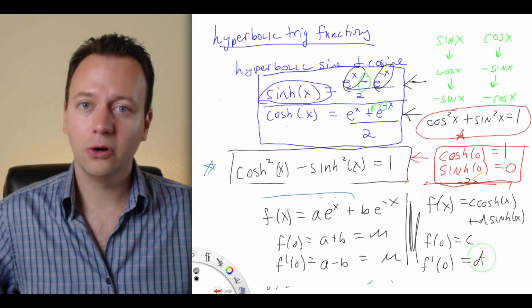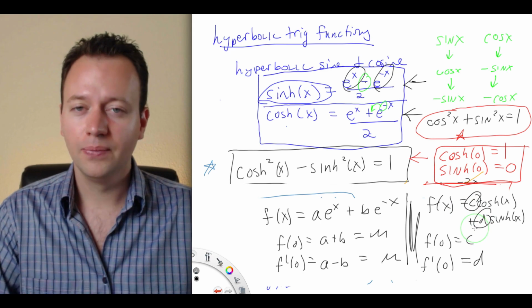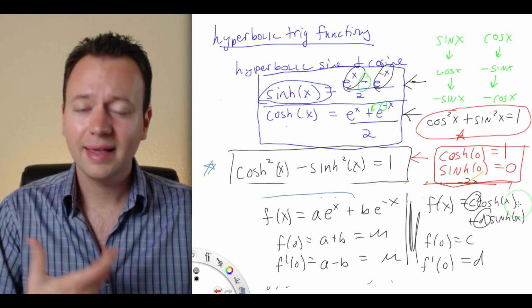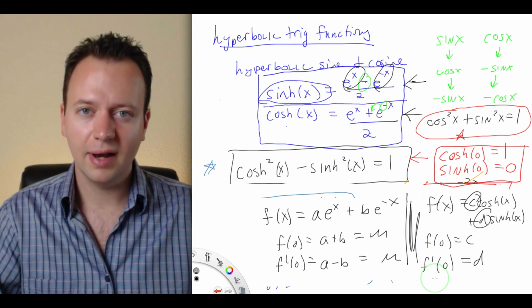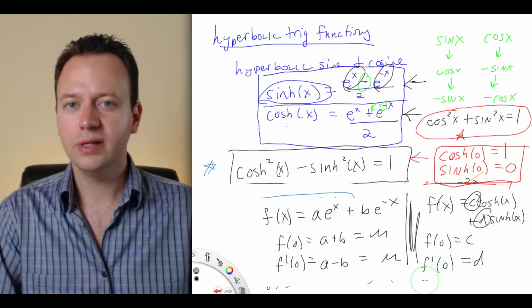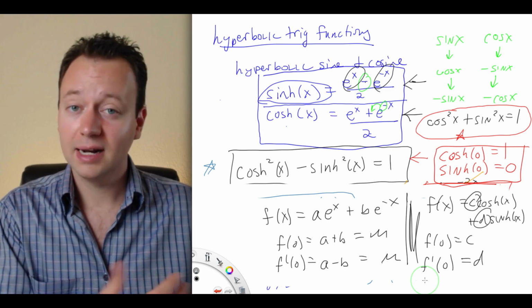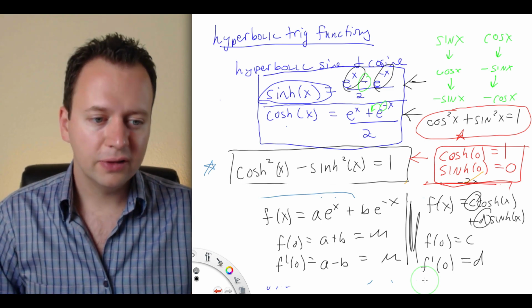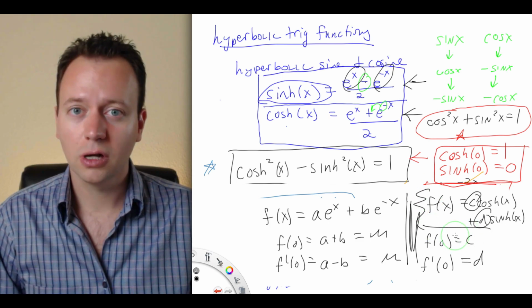So it's a lot easier to choose the constants in these sorts of applications given the initial data. So you have some given f of 0 and some given f prime of 0. And you have to choose the a and b, or you have to choose the c and d to satisfy that initial data. So oftentimes it's a little bit of a simplification using sinh and cosh.